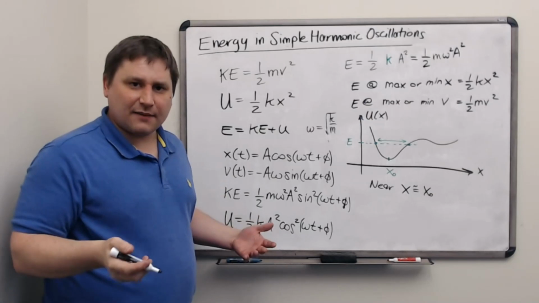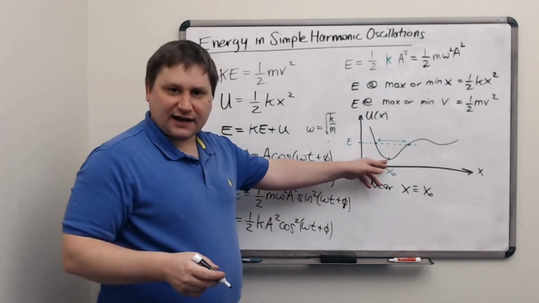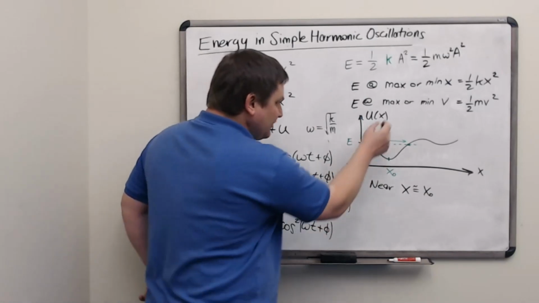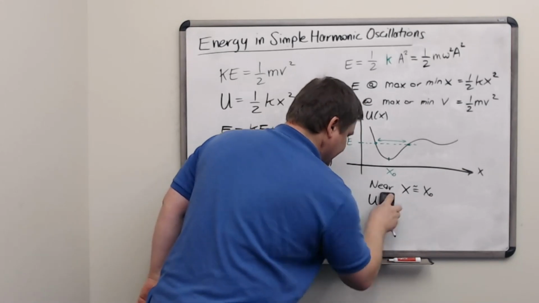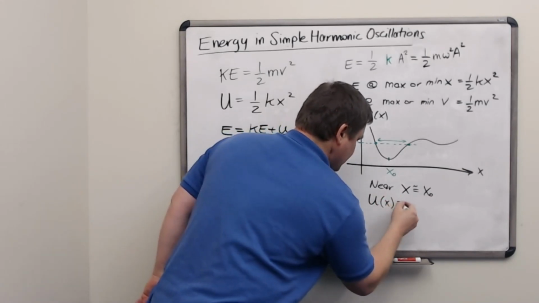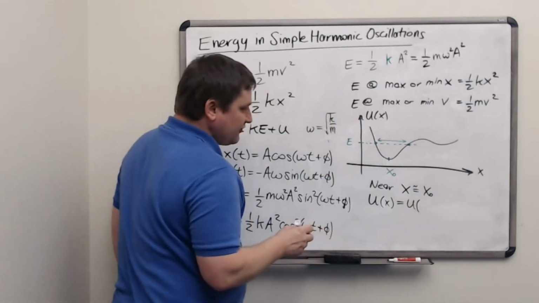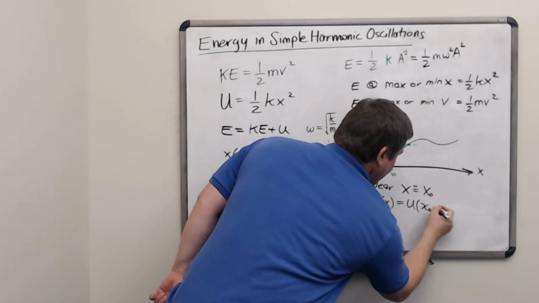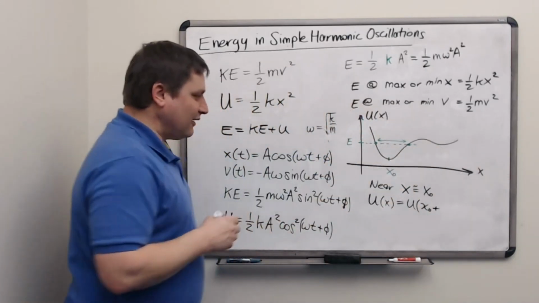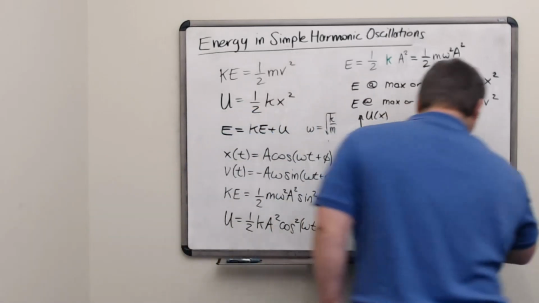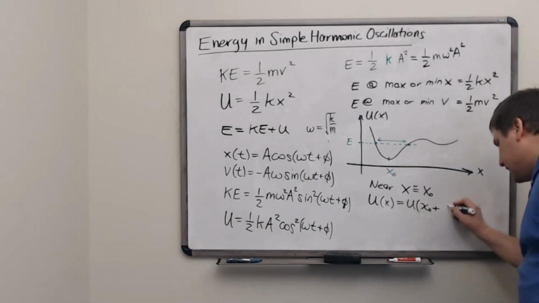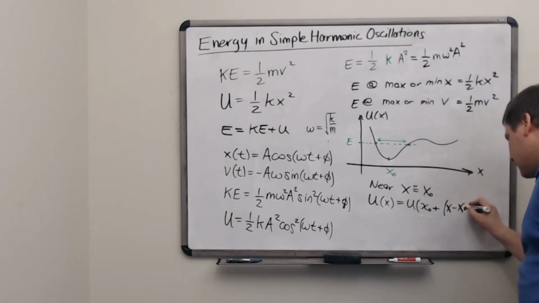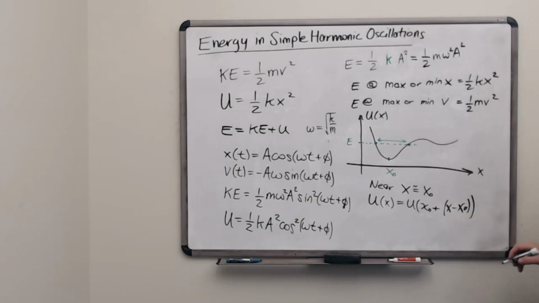If the position of the object is near this point x0, then the potential energy function as a function of x can be envisioned as a function of, instead of just the x coordinate by itself, being evaluated at the sum of the minimum position and some small deviation.